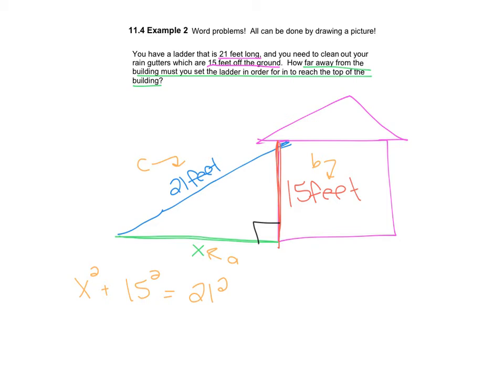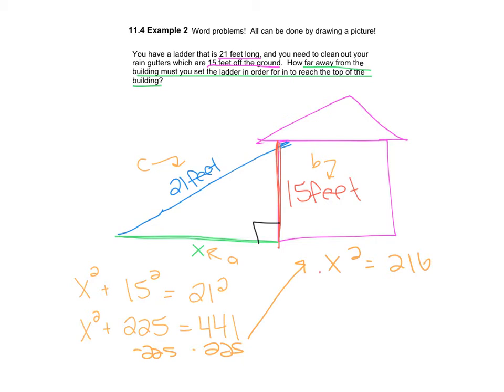Alright, so now from here I can start to solve. Now I have x squared is still x squared, plus 225 is equal to 21 squared, which is 441. So now if I subtract 225 from each side, I get x squared is equal to 216.